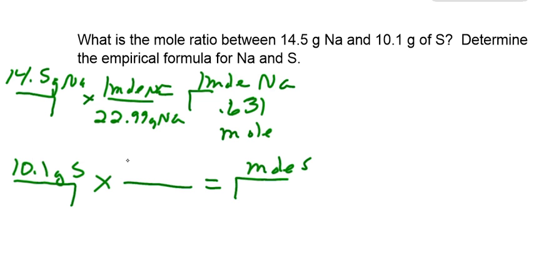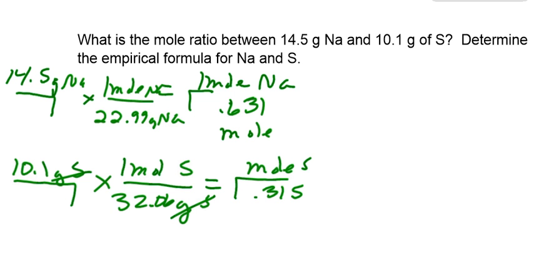So I'll times that by 1 mole of sulfur over 32.06 grams of sulfur. Again, that's coming from the periodic table. So let's take 10.1 and divide it by 32.06. That is 0.315 moles of sulfur.